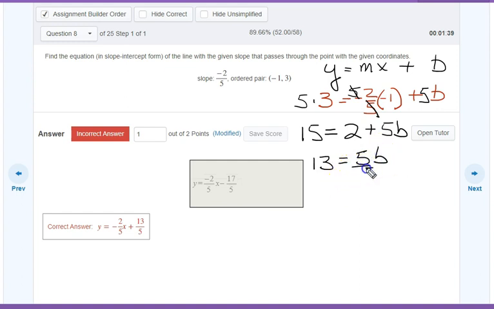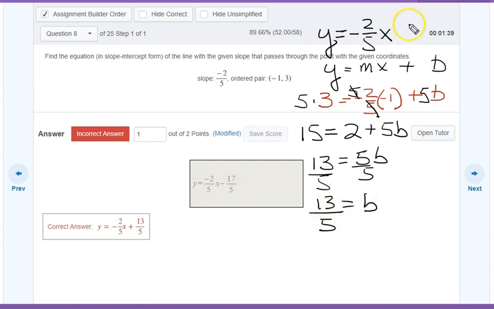Now you're going to divide both sides by 5, and you get b equals 13/5. Now you want to write the equation in slope-intercept form. Well, it's going to be y equals a negative 2/5 x, and your new b value now is 13/5, and that's the correct answer.